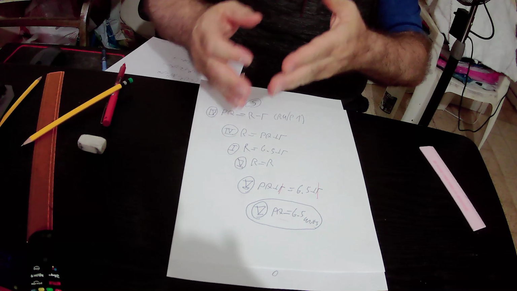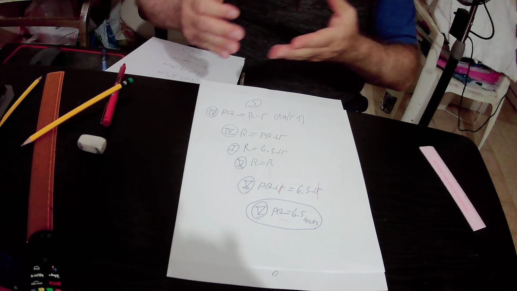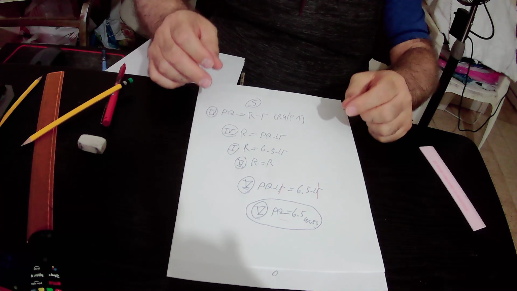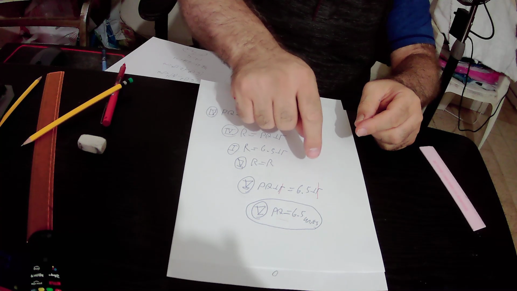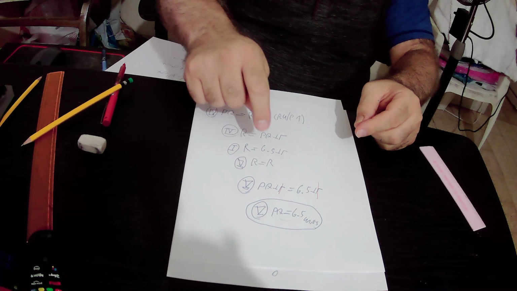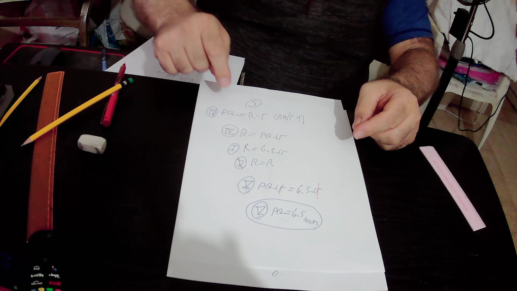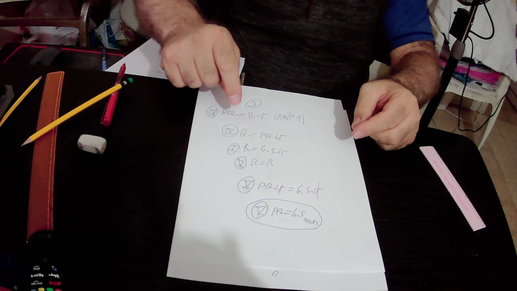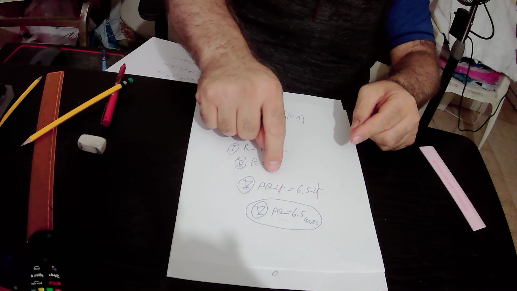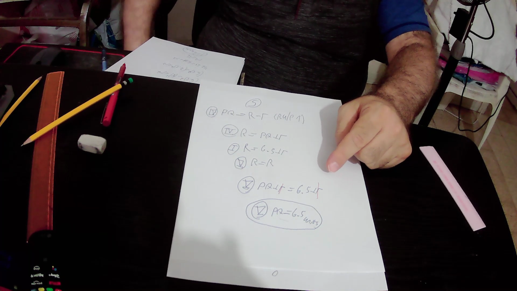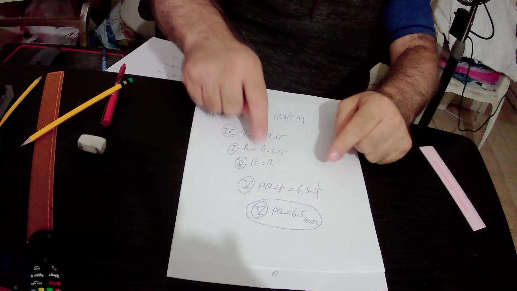Equation number 4 gives capital R equals PQ plus small r, and equation number 1 gives capital R equals 6.5 plus small r. Capital R equals capital R.